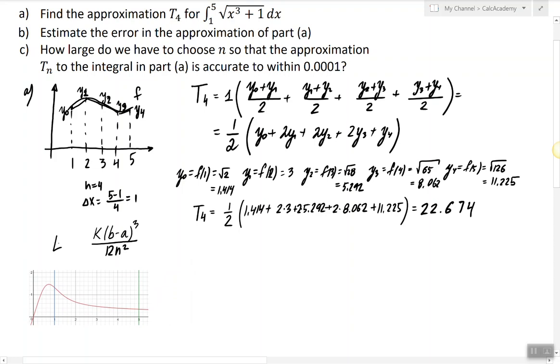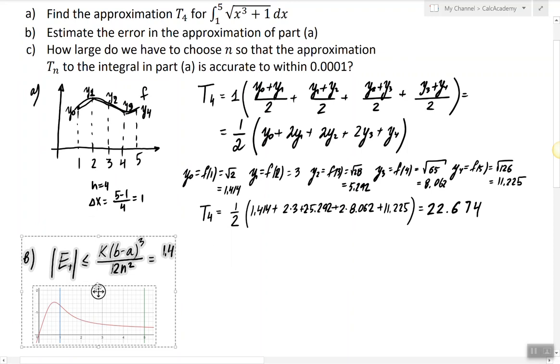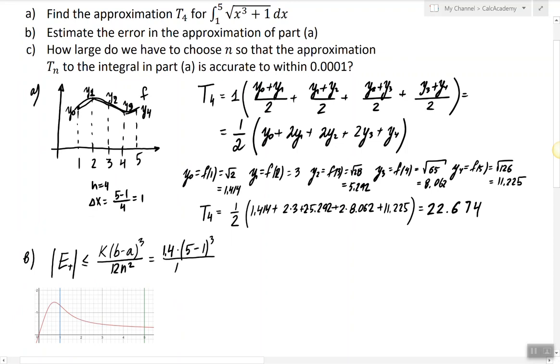That means now we have all the ingredients to plug into this formula, and here's the result. So for K we plug in 1.4, b is 5, a is 1, cubed, divided by 12, and n squared where n is 4.